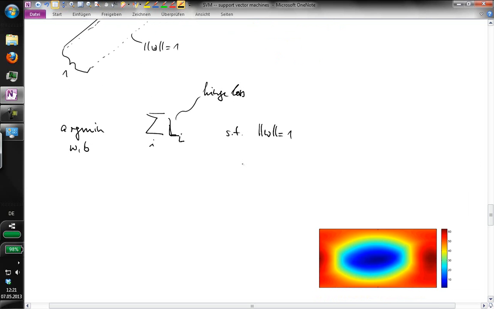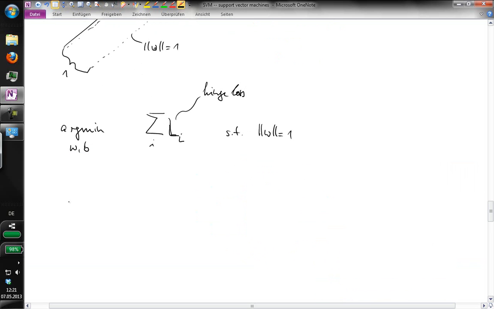So if I want to write the hinge loss in a formula, I now need to express this funny shape of the hinge, and I can express it by saying this is the maximum of 1 minus yi times (w transpose xi plus b), and 0.